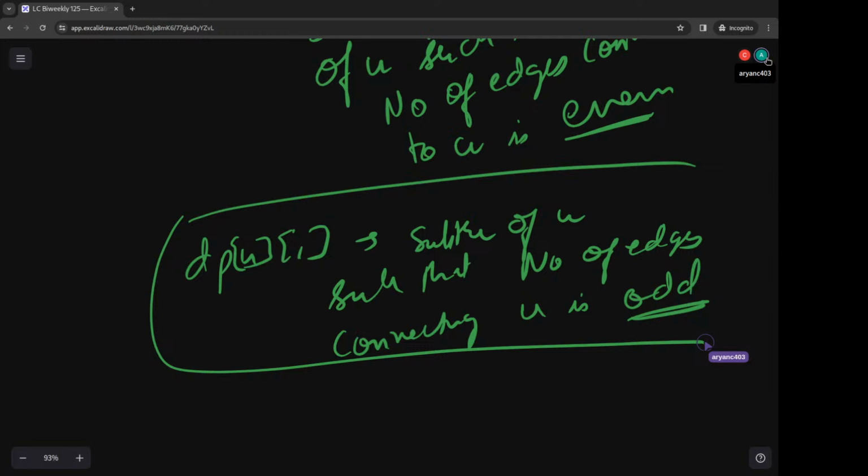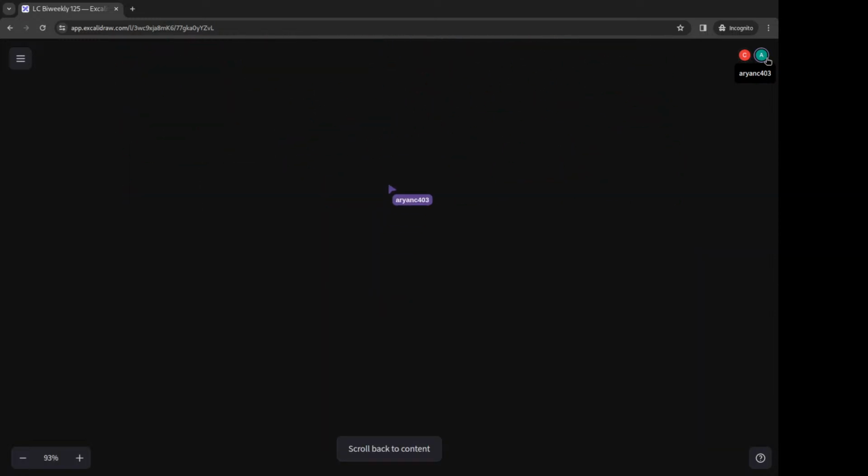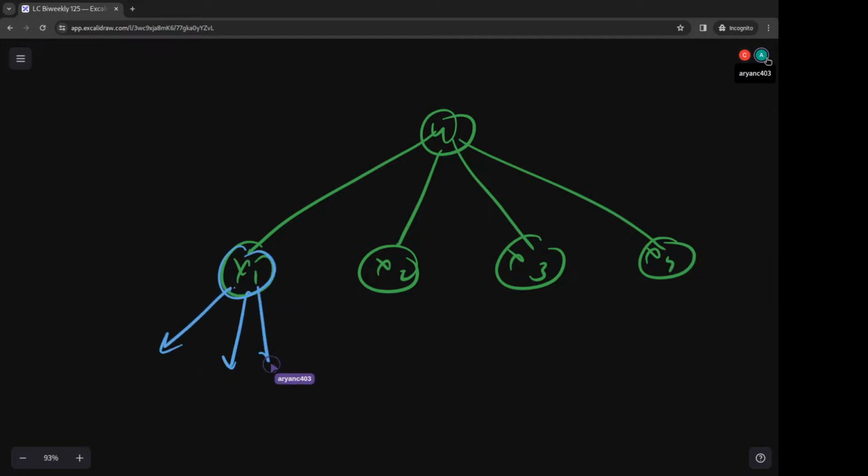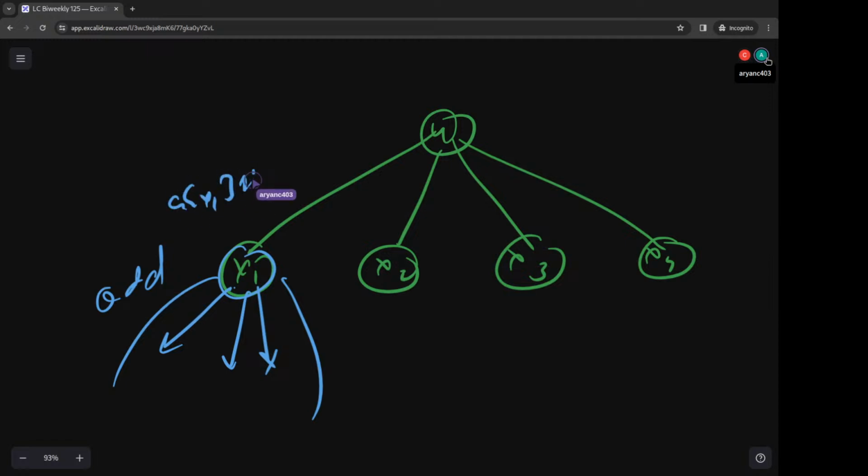Now if we want to look at the transitions, say x1, x2, x3, x4 are children of U. If the number of operations performed with x1 in this subtree is odd, then we will add A of x1 XOR K to the answer. And if the number of operations performed is even, we will add A of x1 to the answer.